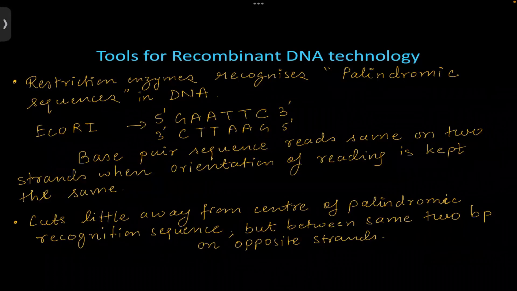Restriction enzymes again have a unique property, that they can recognize palindromic sequences. Okay, they can recognize palindromic sequences within the DNA. So what are palindromes? Palindromes are basically words which read the same when you read backwards as well as when you read in the forward direction.